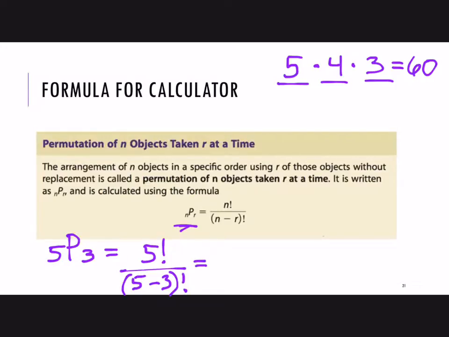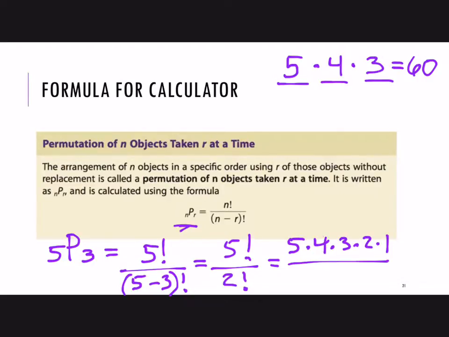That's 5 factorial divided by 2 factorial, and that's 5 times 4 times 3 times 2 times 1 over 2 times 1. The 2's and 1's cancel, and 5 times 4 times 3 is 60. So that's the long way to do it. I wouldn't suggest that unless you don't have access to this calculator key, but you're probably going to want to use that if you do have it.